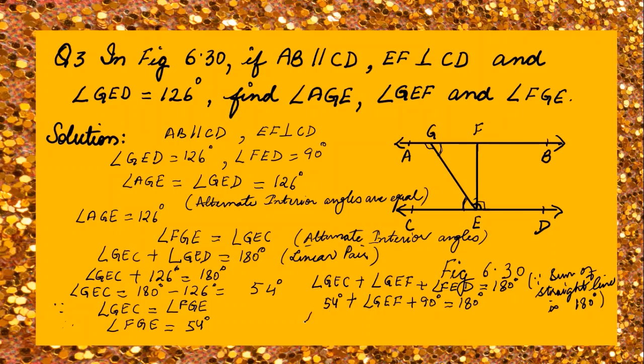Okay, angle GEF plus 144 degree equals 180 degree. So angle GEF equals 180 degree minus 144 degree. So it is your 36 degree. Yes. So you got the three angles, angle AGE, angle GEF and angle FGE. So in this way you can do it.